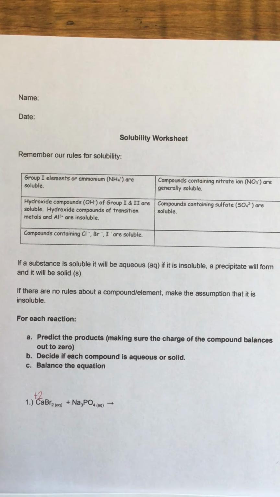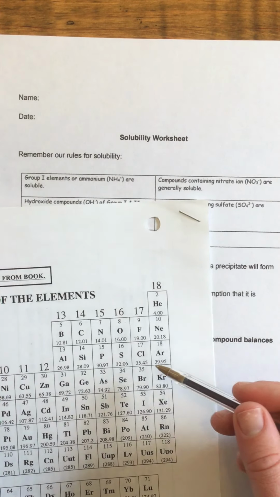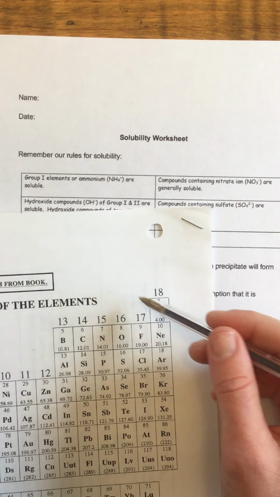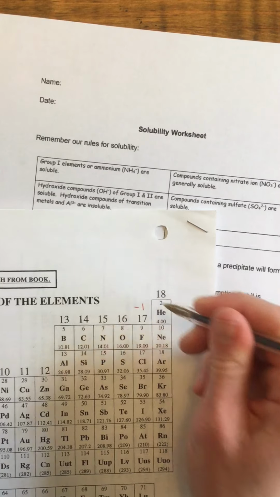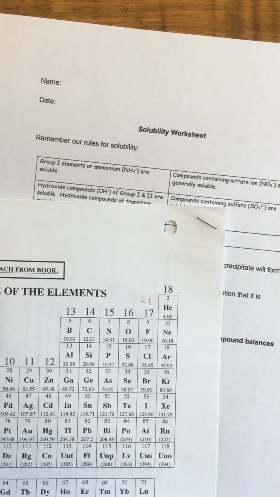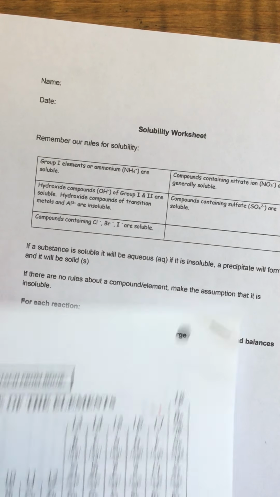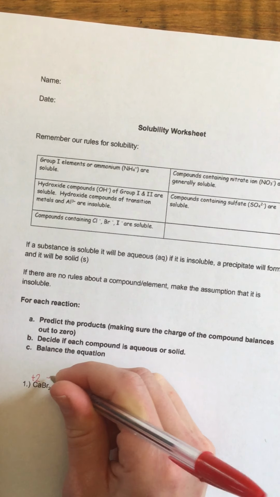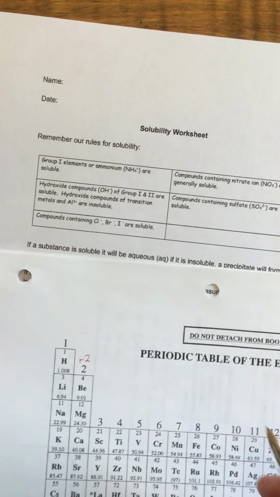Calcium is with bromine. Again, looking at the periodic table, we can find bromine in the 7th column, or 17, and this one we know will always have a negative 1 charge because they're 1 away from the noble gases, or 1 away from getting a full octet. Now, in our other compound, sodium phosphate, again, we'll find sodium.